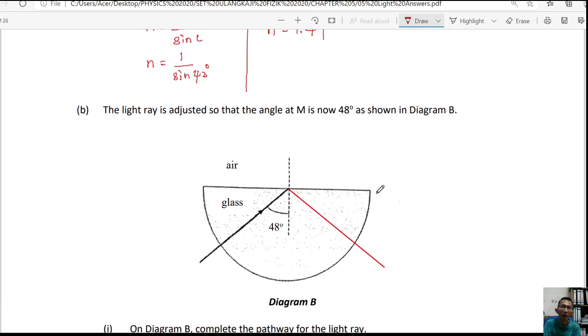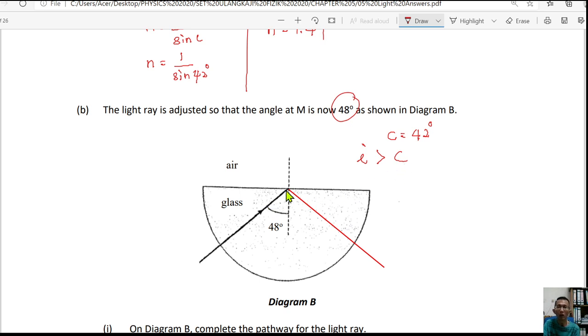Next, the light ray is adjusted so that the angle is now 48. So remember that our critical angle just now is 42 degrees. But now my incident angle is 48. Okay, so my i is greater than c. So the angle of incidence is greater than the critical angle. So what happened?